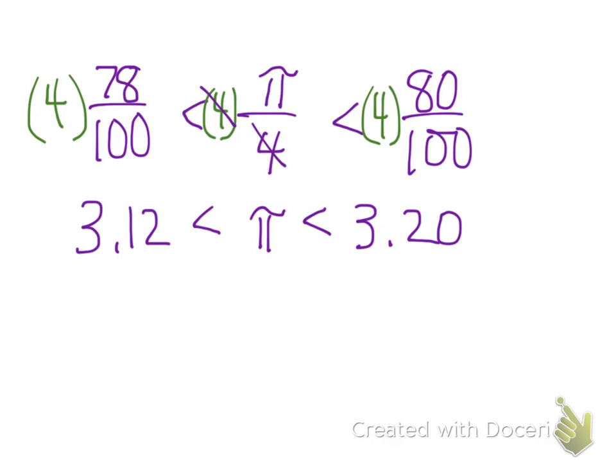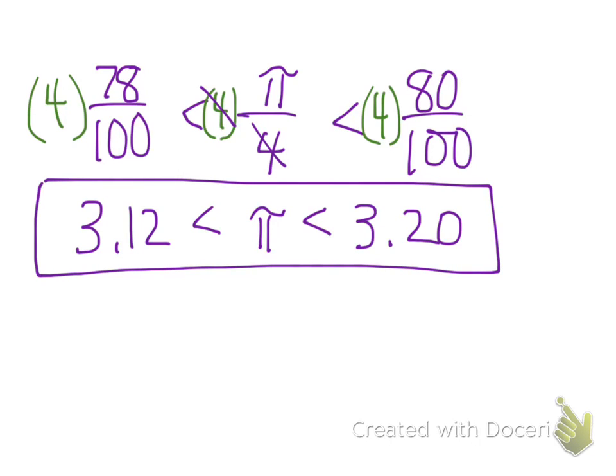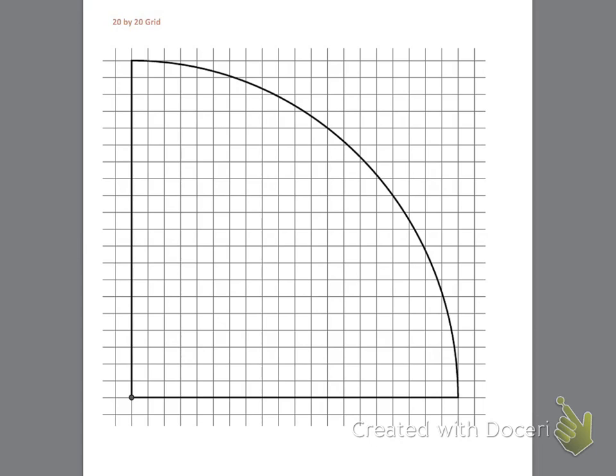So now we've got this inequality: pi sandwiched between 3.12 and 3.2. And we've been using 3.14 for it, so we're getting a pretty close estimate just doing this. But we can even get better because you have another grid. I'm just going to give you the numbers for this and let you do it. But can you see how we can get so much closer by doing it with the 20 by 20 grid?